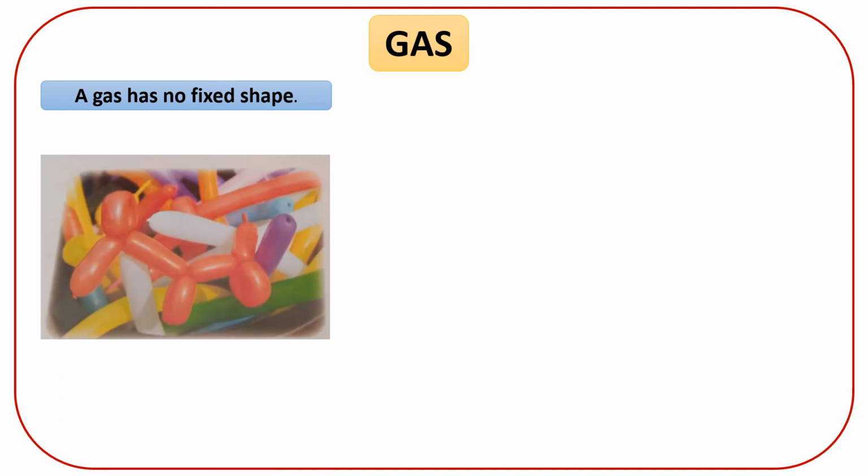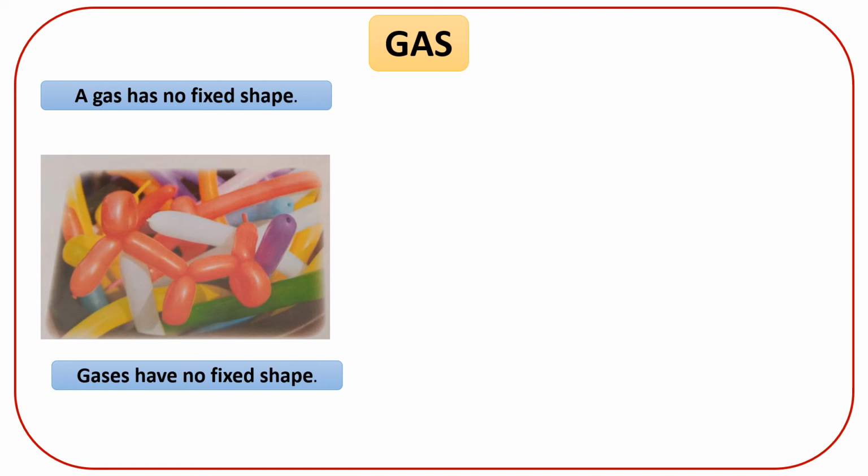As you can see in the picture, the gas takes the shape of its container. Therefore, we say that gases have no fixed shape. They take the shape of the container.